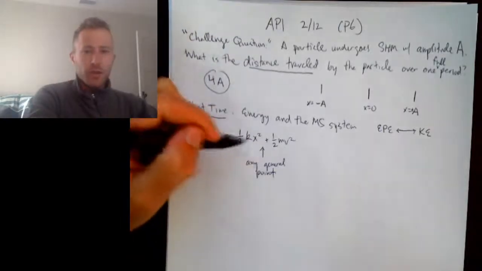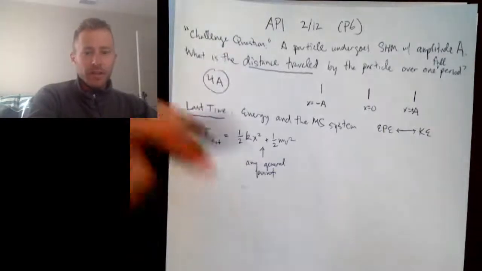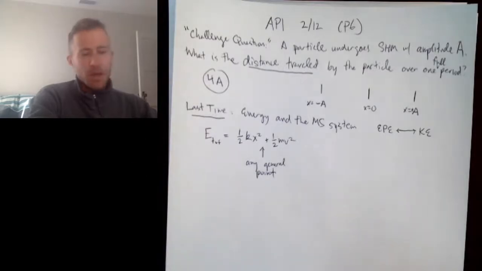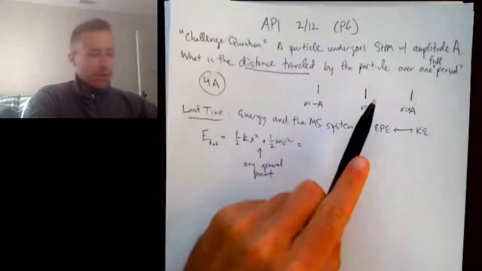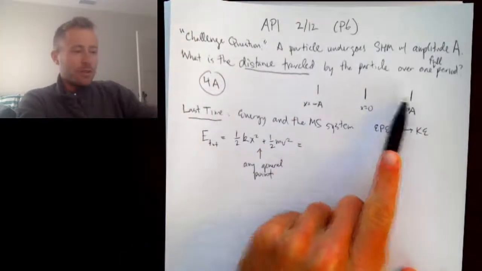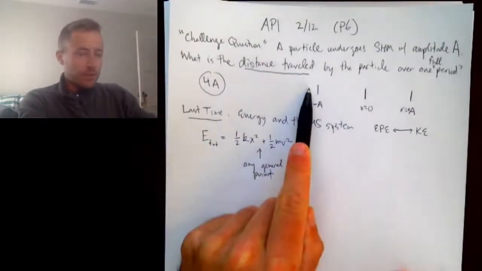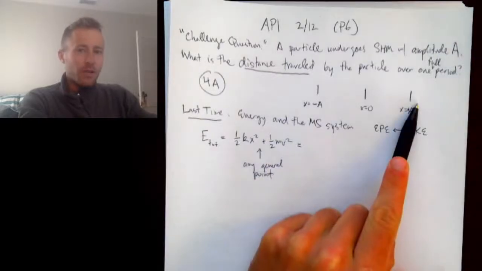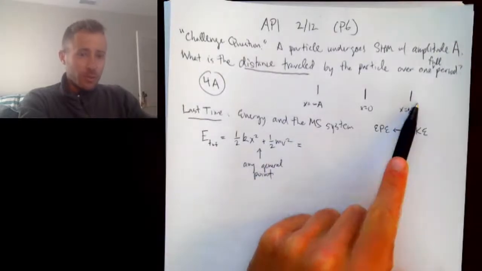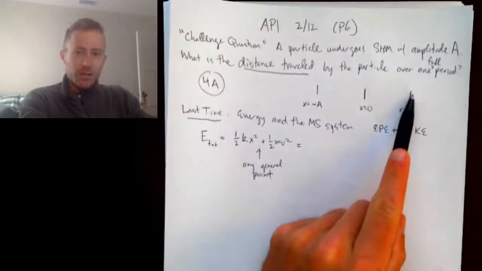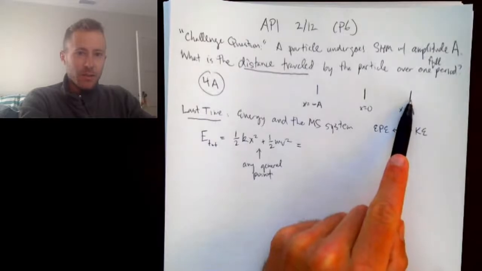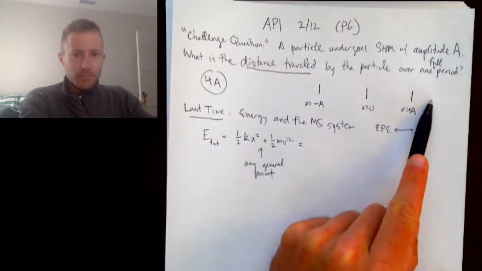So this was how we evaluated the energy at any general point. But we know that when you are at the extreme points, your energy is all elastic potential. Why is that? Because if you were at the extreme point and you had kinetic energy left, you would keep going, and so that wouldn't have been the extreme point.